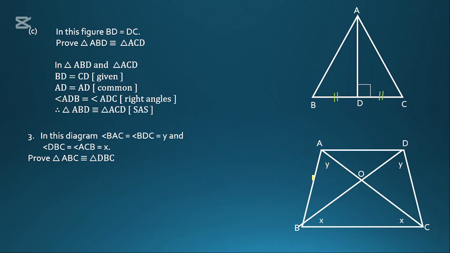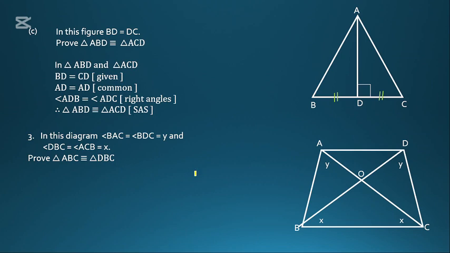These two angles, they are equal. And angle DBC, this angle here, is equal to angle ACB, that one there. So they mark the two equal angles here with Y, and that too with X. You must now prove that triangle ABC is congruent to triangle DBC.